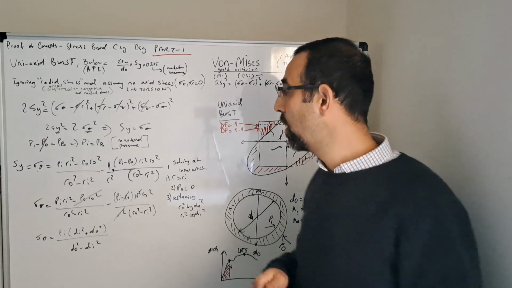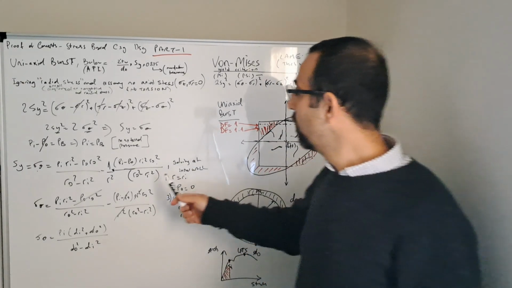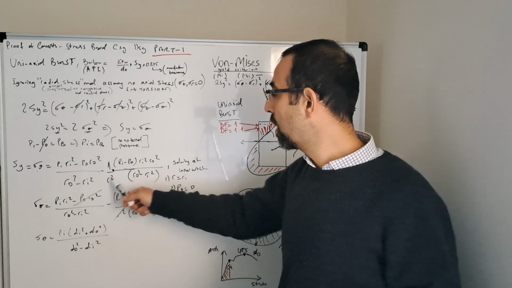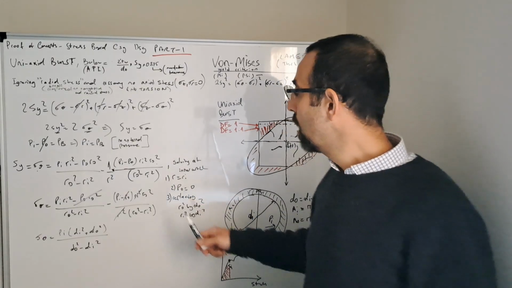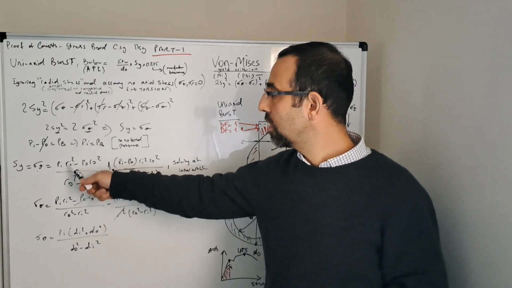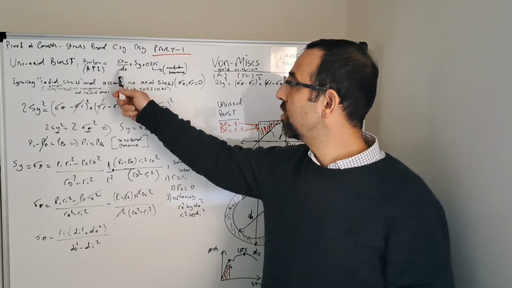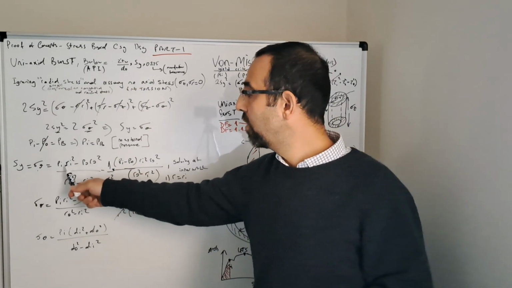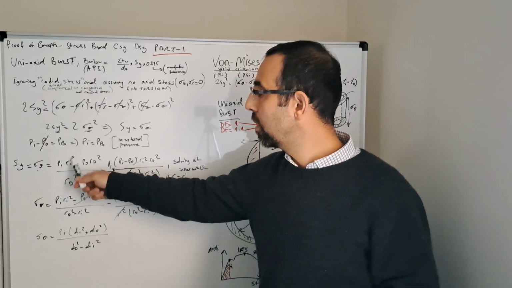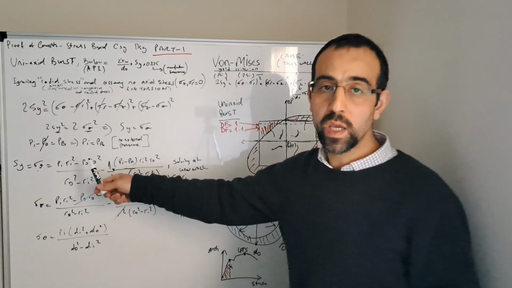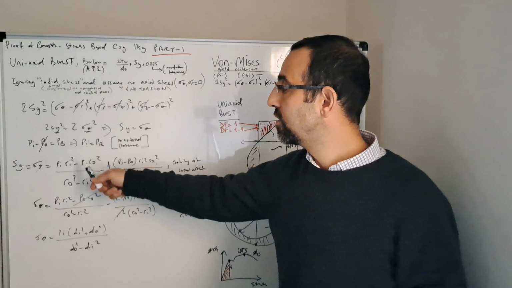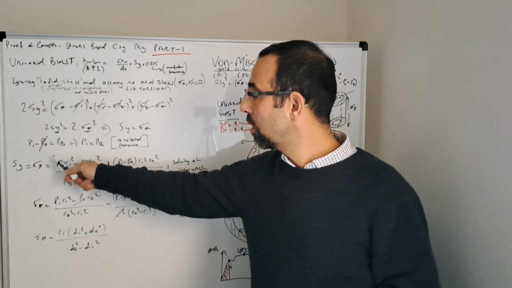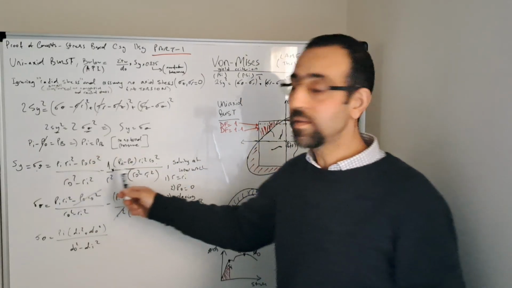If you take the absolute values, we will solve this equation in the inner wall, which means that r equals r_i. And you will notice that in the Barlow equation you have the diameter, and the Lamé solutions are in radius. However, if I convert the r_i square to the inner diameter square over 4, and then take the 1 over 4 into the numerator and the denominator, they will cancel each other.